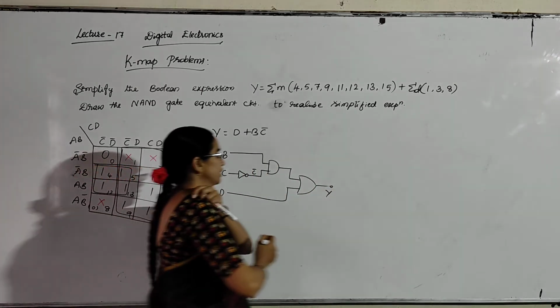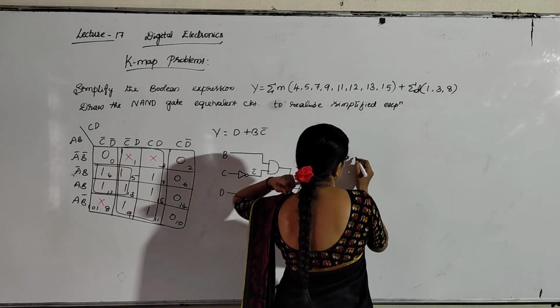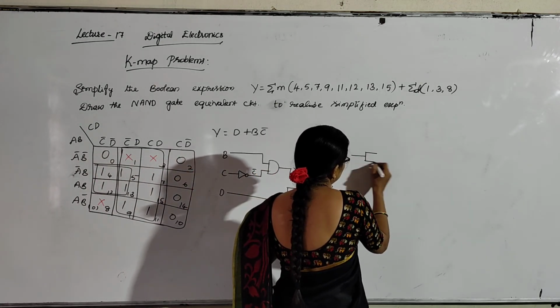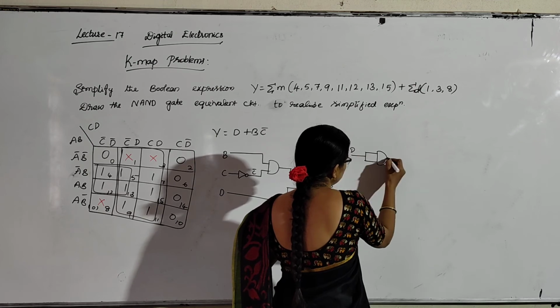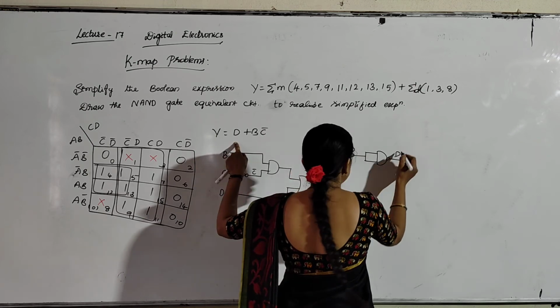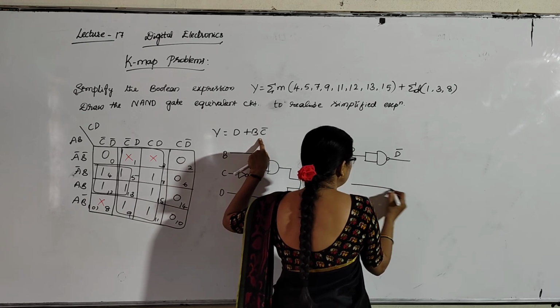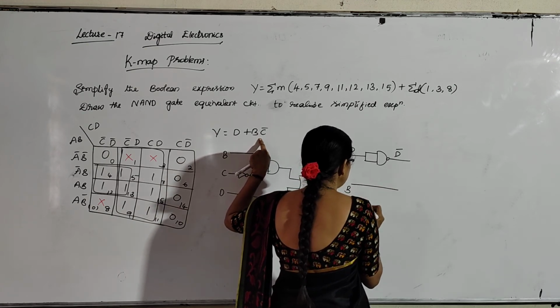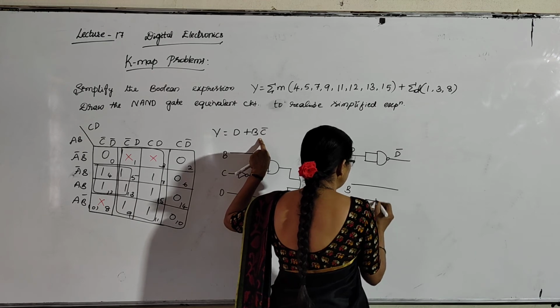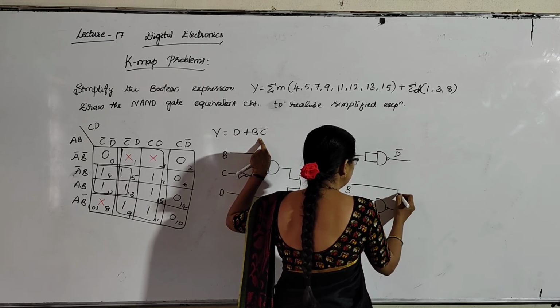Using NAND gate, we will make D into D bar, and here B is taken directly. C bar should have an inverter.